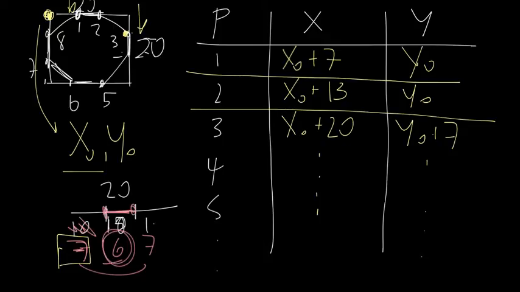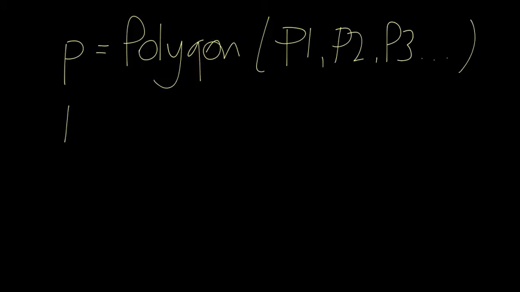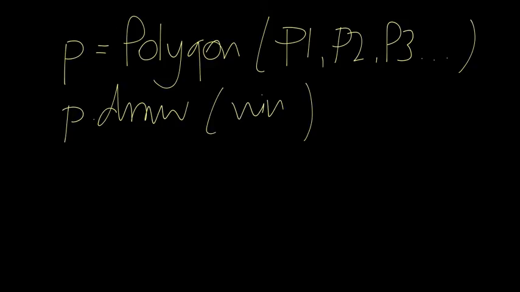Once you've built up all your points, point 1, point 2, point 3, point 4, you can then use the Polygon constructor and you pass in your points depending on how many you have. Then you would draw your polygon on a window and fill it and so on.